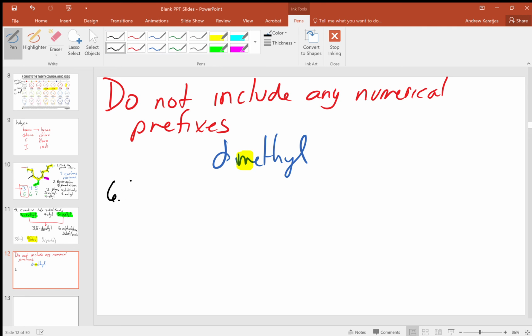So finally, write the name. And when you're writing the name, the substituents come first, the parent name comes second.